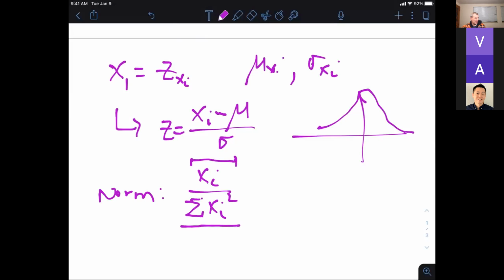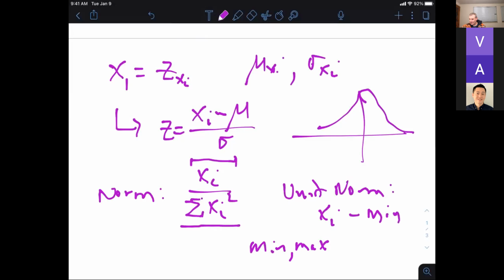And then there's a unit norm, which I think is you find the min and the max, and your unit norm is equal to x sub i minus the min, divided by max minus min.